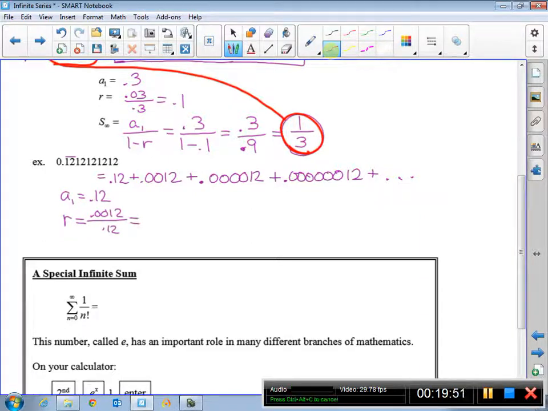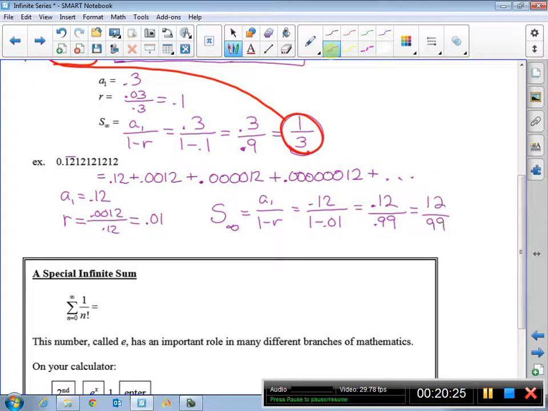So the r value comes out to be 1/100th. And so we can find the sum of the infinite sequence by our formula, which is 4 over 33.